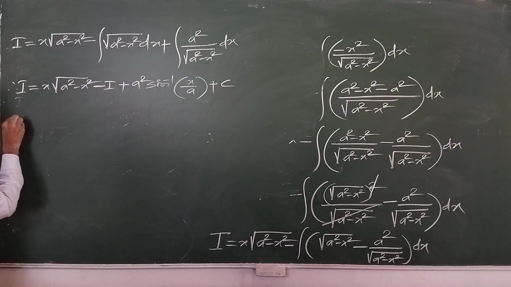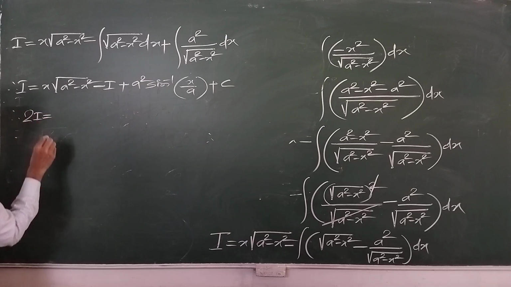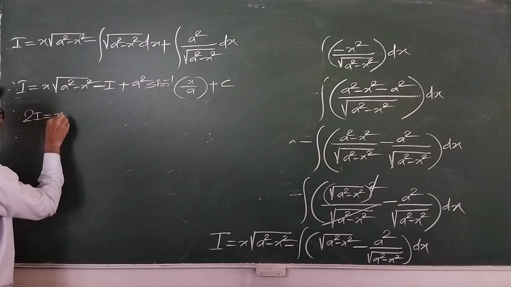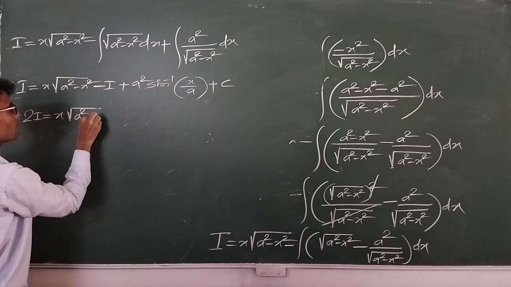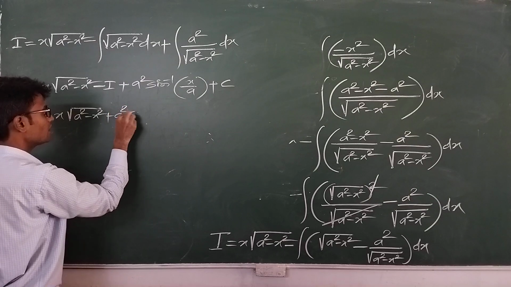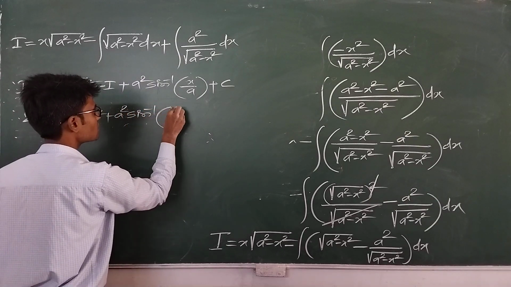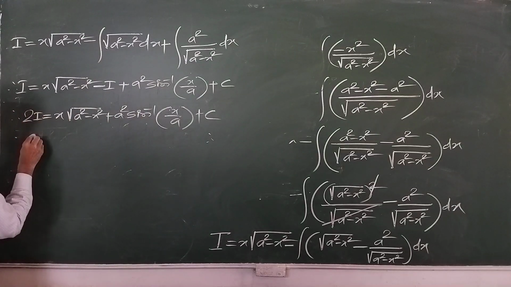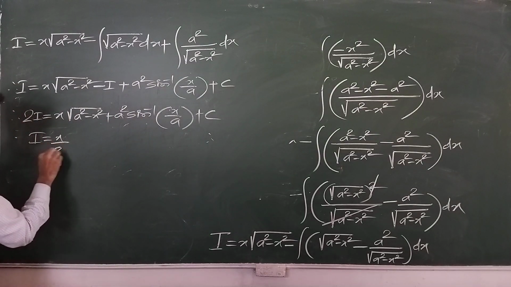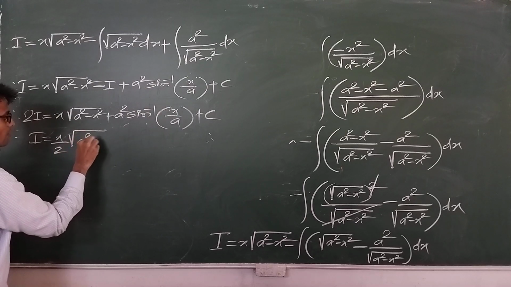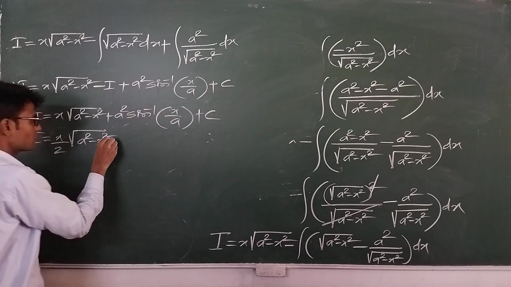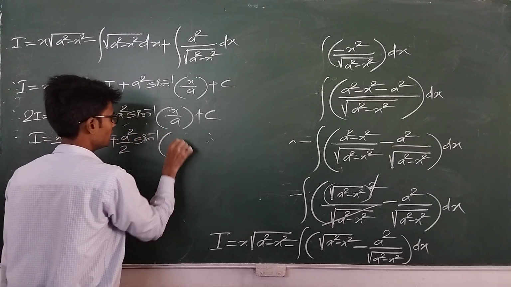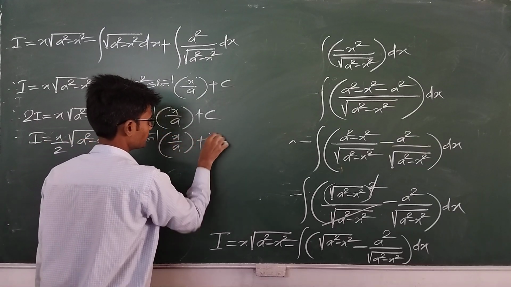So you take the minus sign to this side, it becomes I plus I, which is 2I, is equal to x into square root of a square minus x square plus a square sine inverse of x by a plus c. Now take 2 to this side. It becomes x by 2 square root of a square minus x square, next plus a square by 2 sine inverse x by a plus c.